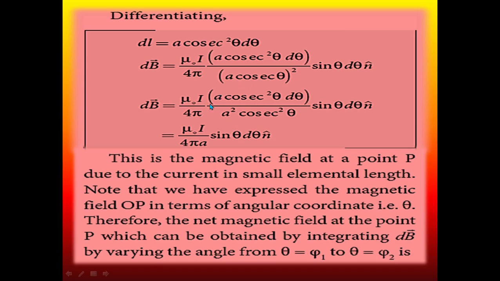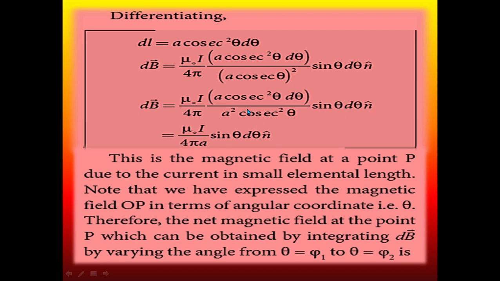The next step is dB vector is equal to mu naught I divided by 4 pi into A cosecant square theta into d theta divided by A square cosecant square theta into sin theta into d theta n cap.